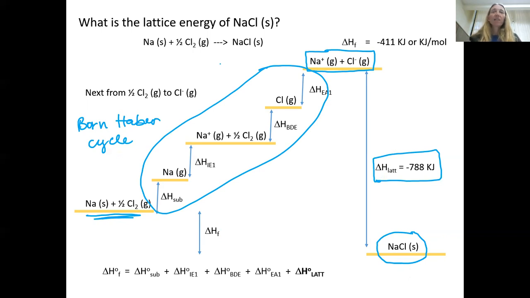And so this whole process gives us an equation where our delta H of formation equals all of the steps that we need in this process.